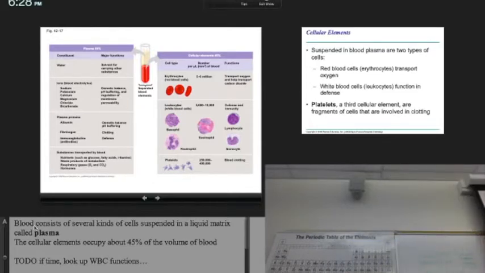The red blood cell layer and the Buffy Coat layer comprise about 45% of the cell volume, and the remaining 55% is plasma.